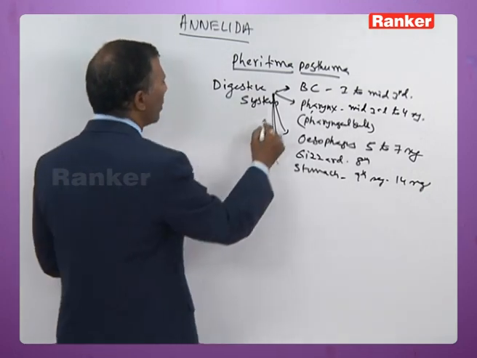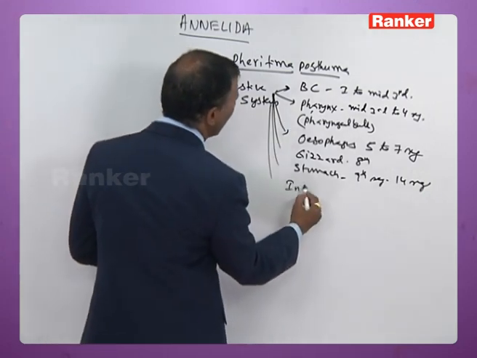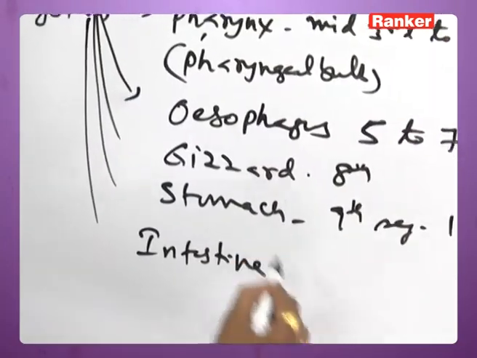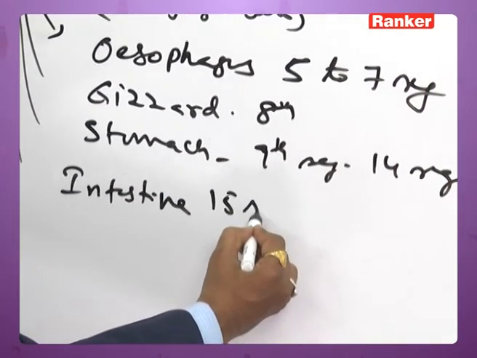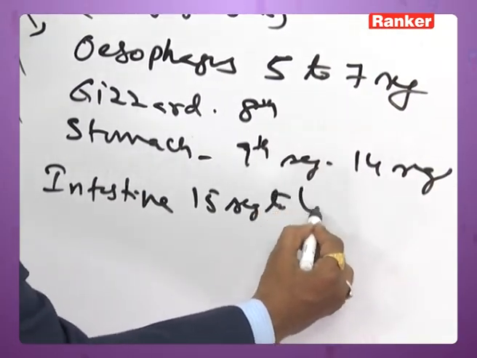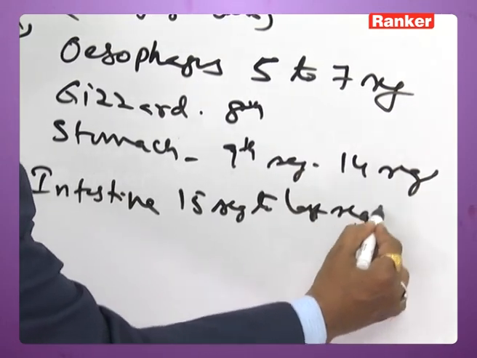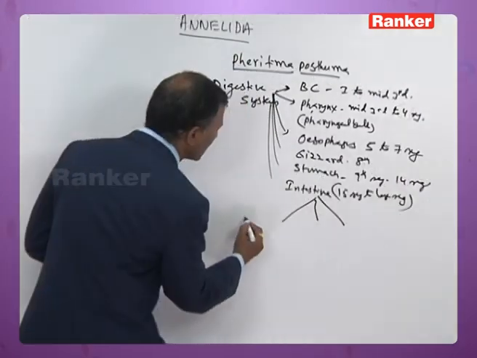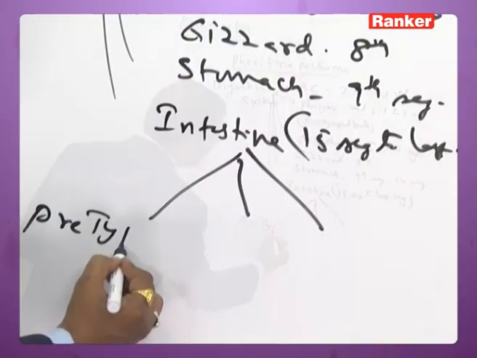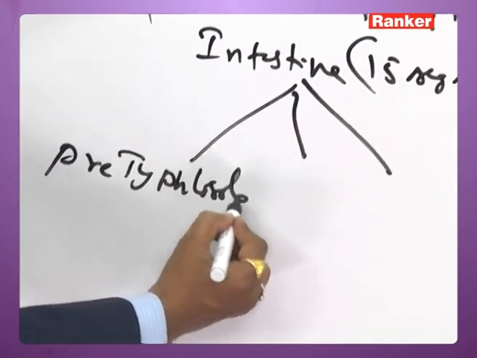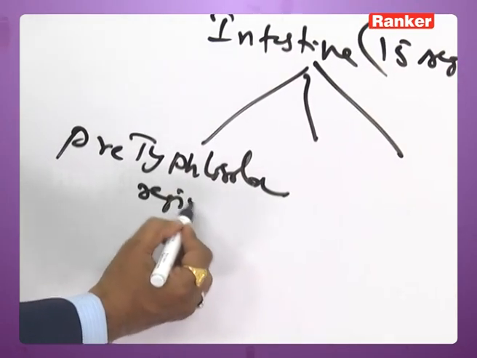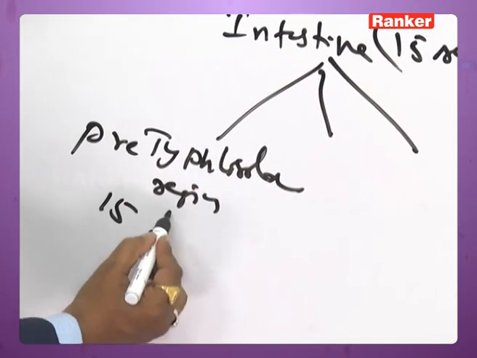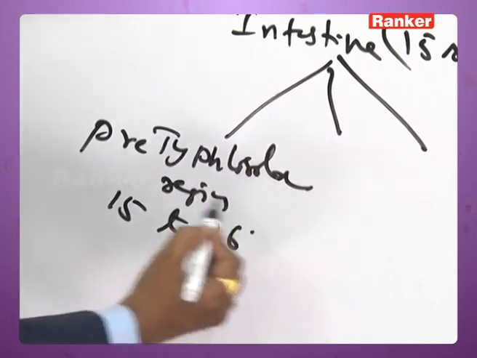Then the stomach is followed by the intestine. Intestine is present from the 15th segment to the last segment. Intestine is divisible into three parts: the pre-typhlosolar region, which is the 15th to 26th segment.